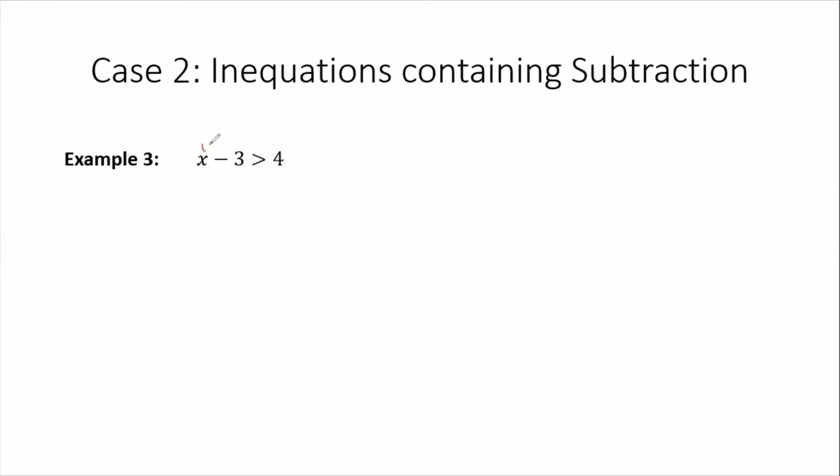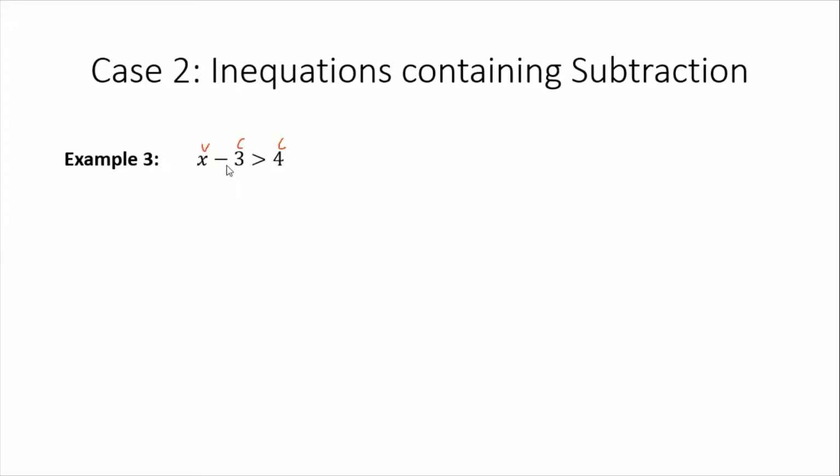So the x is the variable, this minus 3 is a constant, and this 4 is a constant. What is the objective? We want the variable by itself. So we're going to manipulate this to get the variable by itself by using a simple principle. Whatever is there, we're going to do the opposite. So we have minus 3 affecting this variable.